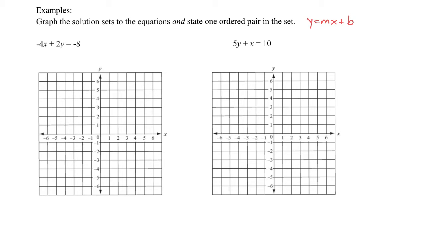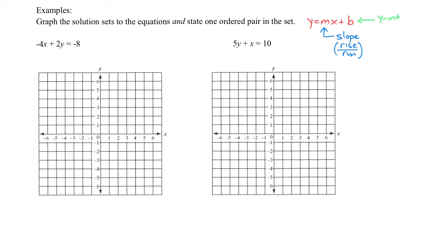And oh yeah, it's coming back, I know. So remember that m is our slope, which is, don't forget, rise over run, change in y over change in x. And then don't forget that b is our y-intercept, which is where the graph crosses the y-axis.